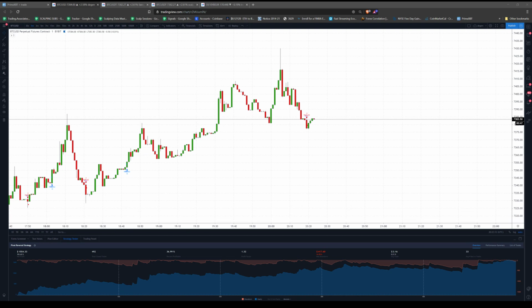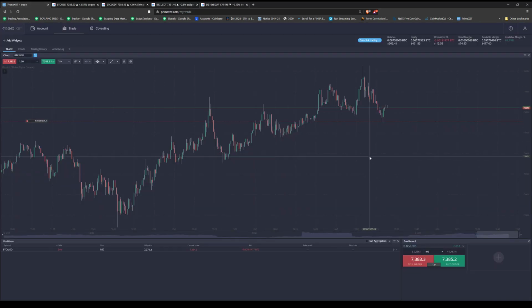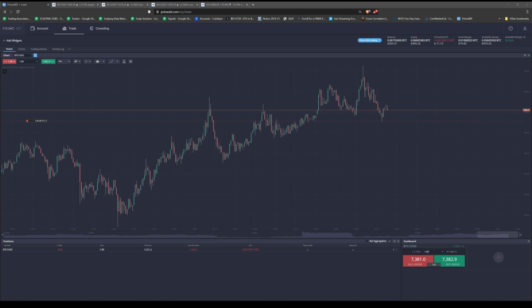Look, 37% of the time, shorting the bottom and longing the top actually works.